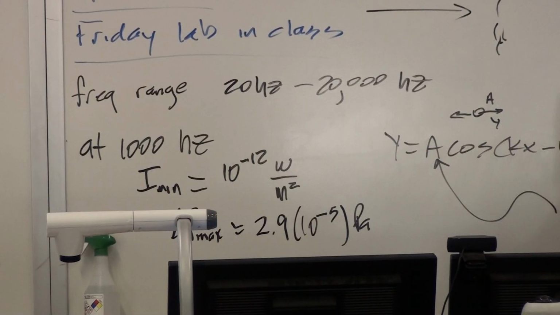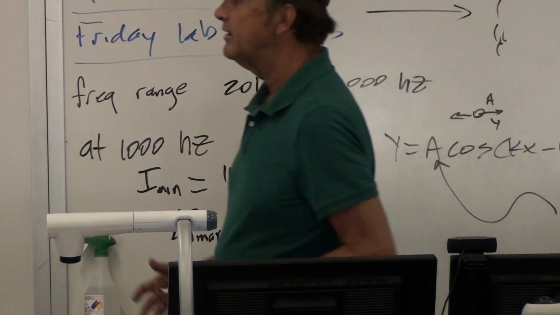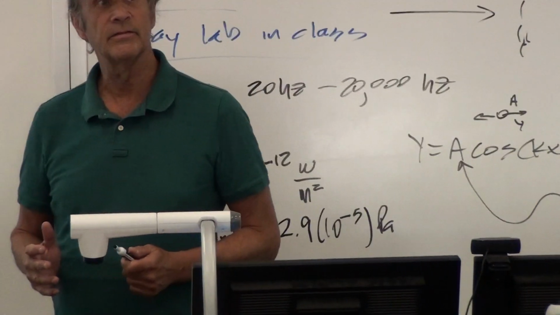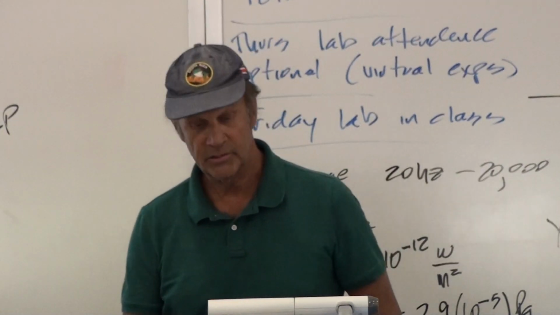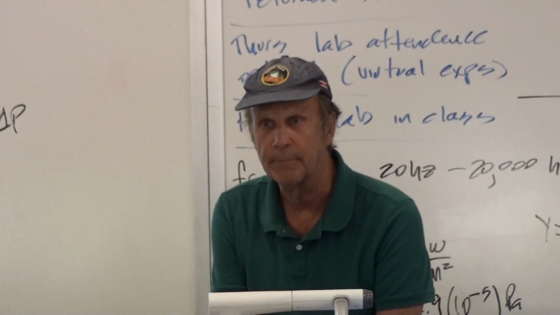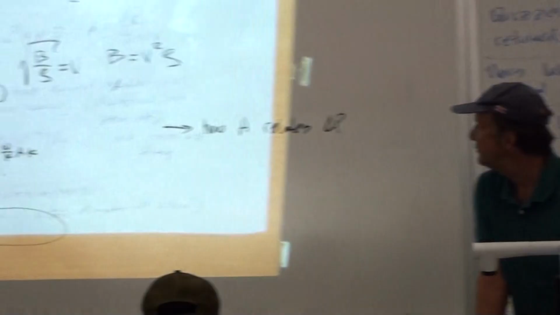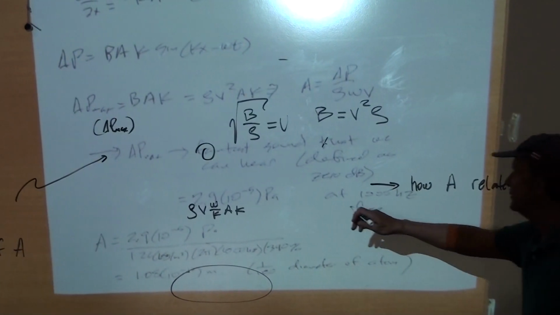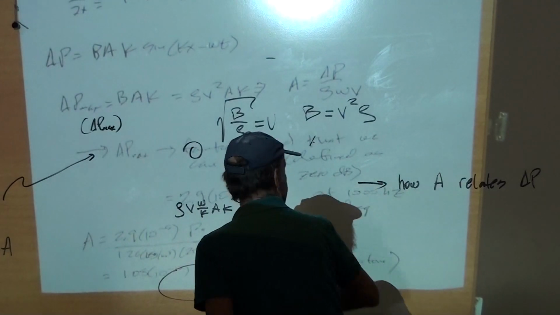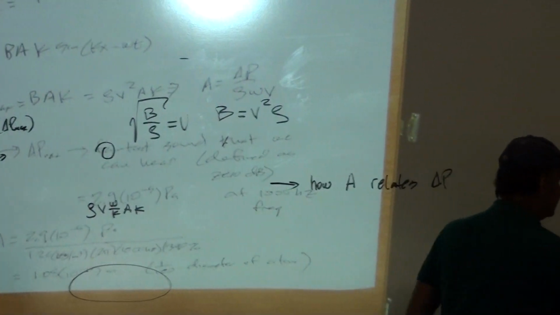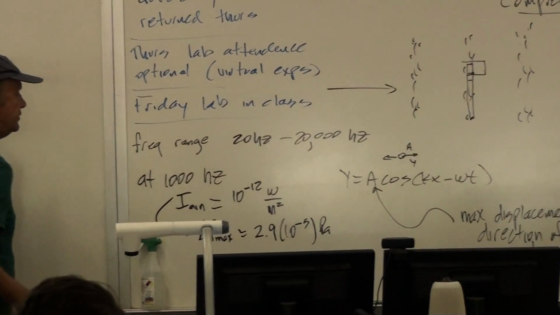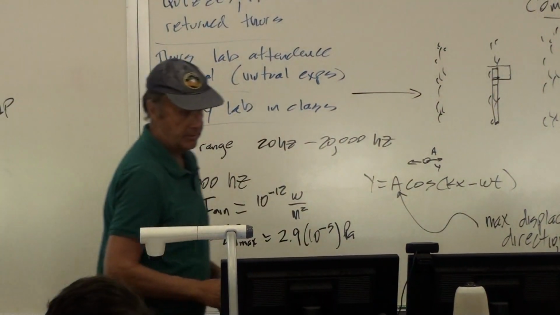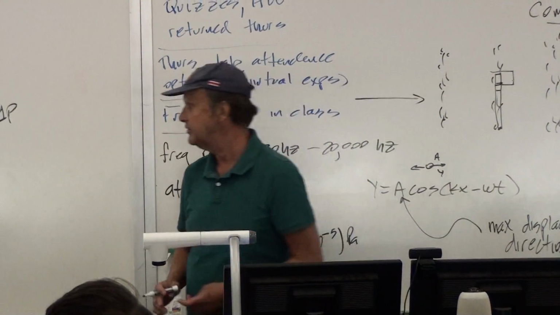So this is giving us a clue that the human ear is remarkably sensitive to small amounts of vibration. And so if we go down and work this through with this value for delta P max, this is something that can be derived from this intensity. But let's just say that we're going to jump through that without doing the derivation.